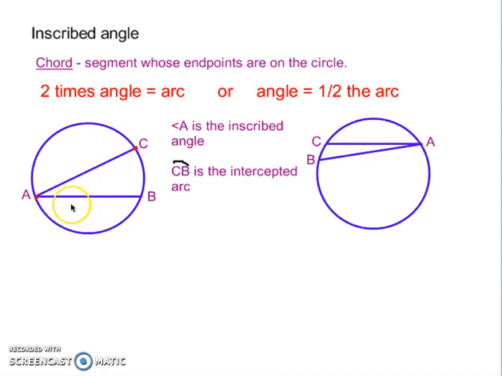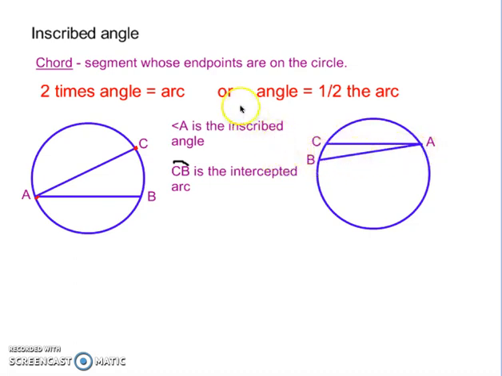Looking at this picture, AC is a chord because it doesn't go through the center of the circle. Its endpoints are still on the edge of the circle, but it doesn't go through the center. So these are chords. Same thing on this one. AC would be considered a chord, and AB would be a chord.